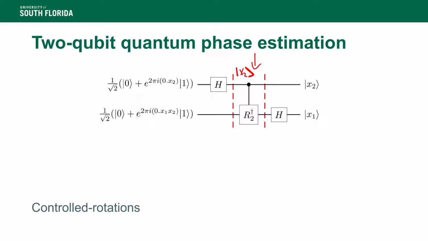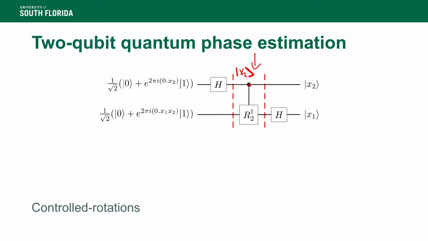Now, in the case where x2 equals 0, we do not need to do anything to the second qubit, because then it will go through the Hadamard gate and produce x1. And so that's why in the case of x2 equals 0, the controlled inverse of R2 is not going to be activated.